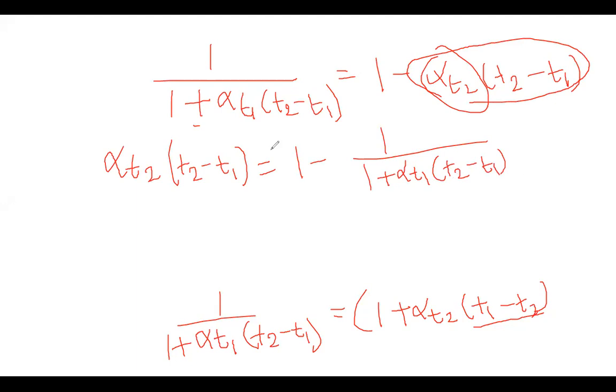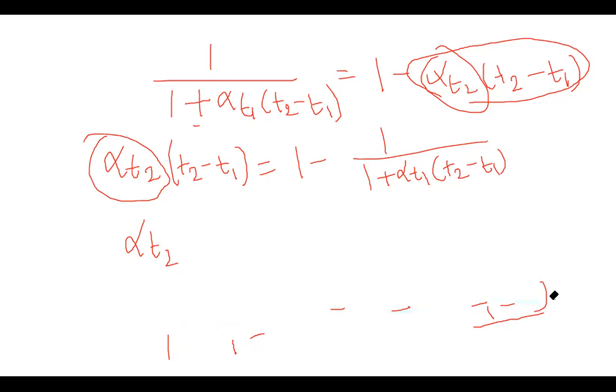And now if I want to identify the alpha T2 component, then what could be the alpha T2 component? The T2 minus T1 that I am going to transfer to the other side of the equal sign. Also you can take first of all the LCM, and then after you can transfer to the other side. So now I'm just rewriting over here T2 minus T1.